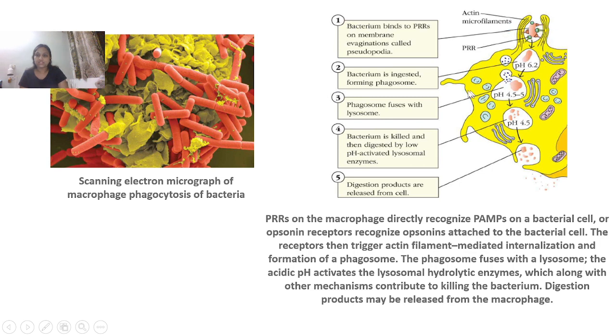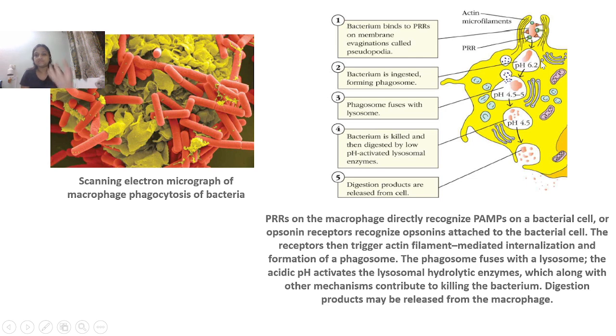This is a macrophage, and whenever there is an entry of bacteria, it will bind to different kinds of receptors. There are pathogen recognition receptors present on the surface of this macrophage, and the bacteria will have certain ligands which will interact with these receptors, and there will be a protrusion of the cell surrounding the bacteria.